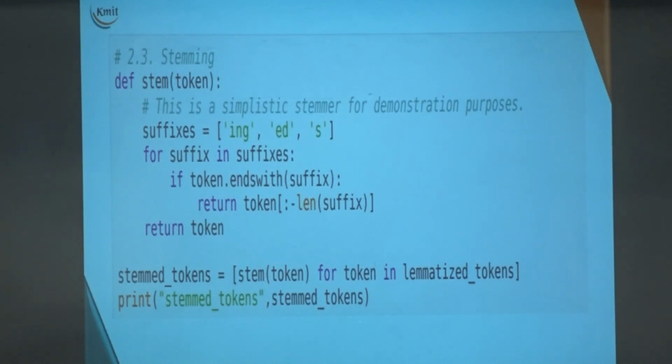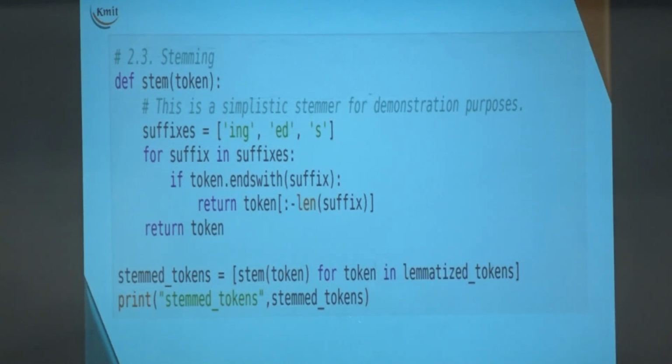From fascinating it should remove ing and give me fascinat. It won't give the e, it gives t. Understanding, because context, who the hell cares? Stemming does not care, right? So it will remove only ing and give the word till t. Clear enough? So what you are getting? Returning the token colon means all the letters minus the length of the suffix. Code is clear enough, guys?